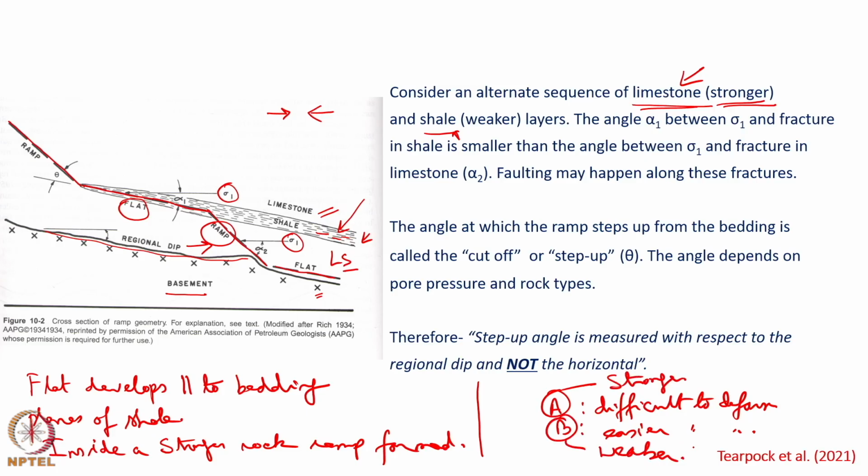In that case, even under the same compressive regime sigma 1, the fault plane can have a step-like geometry producing ramp, flat, ramp, flat.